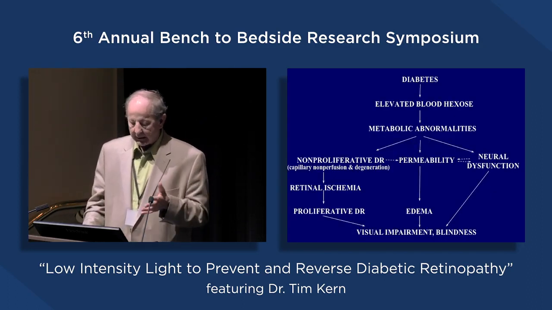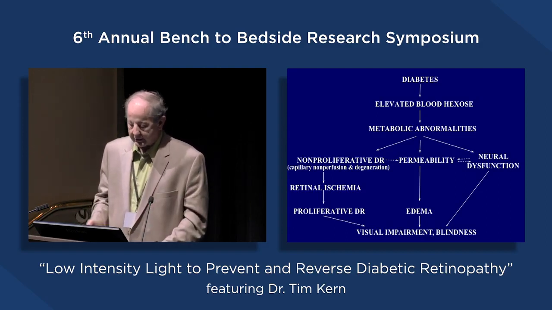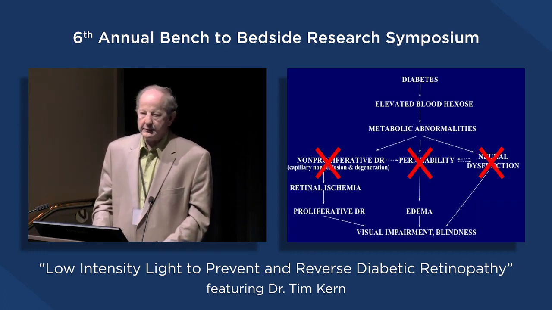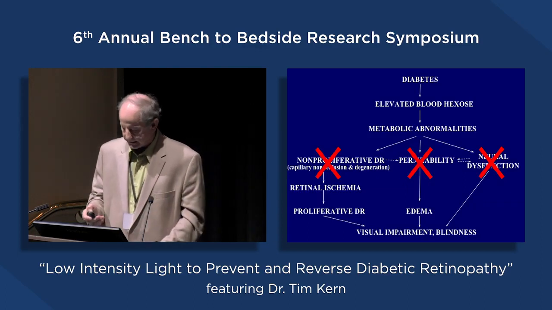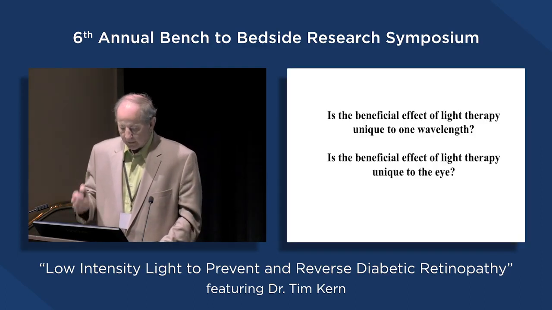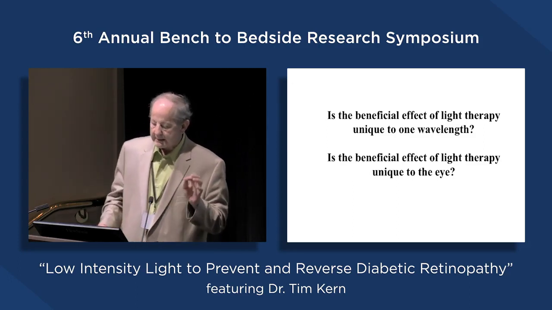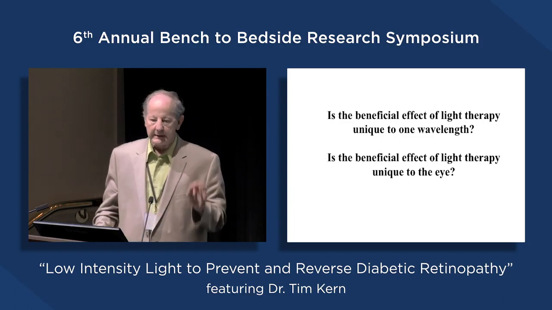So again, coming back to the presumed mechanism by which the diabetic retinopathy develops, the light therapy seems to have inhibited critical steps in each one of these different processes. So another question then is, is the beneficial effect of light therapy unique to one wavelength, and is it unique to the eye?